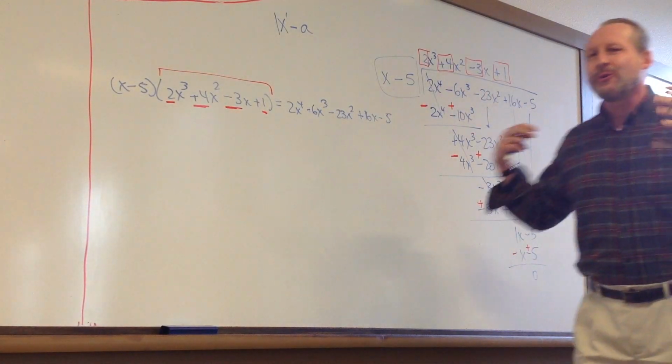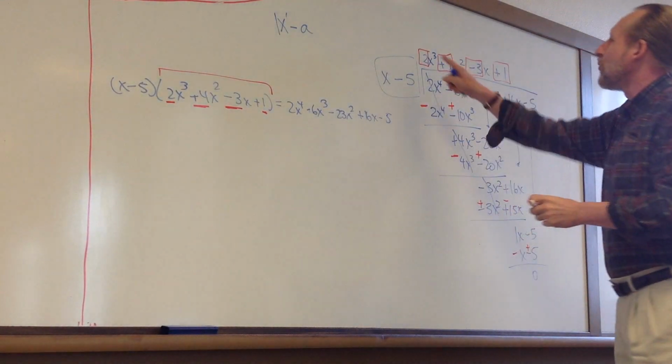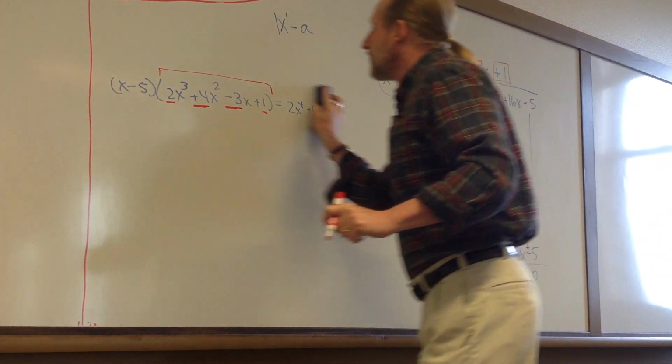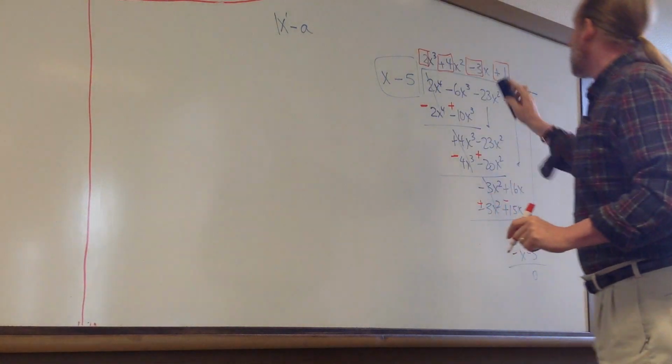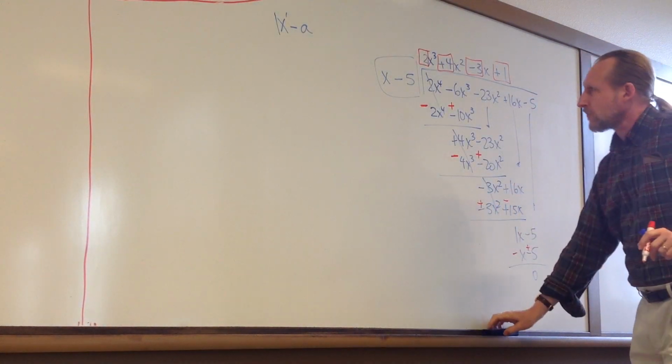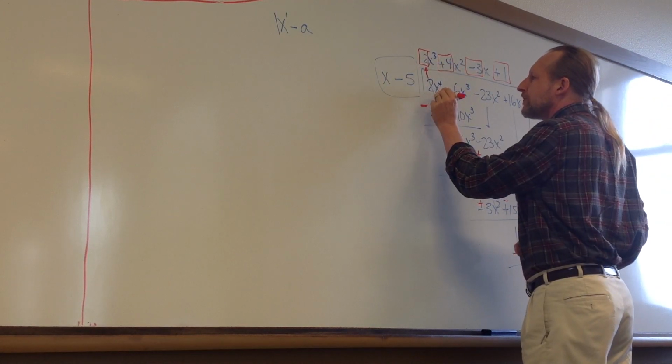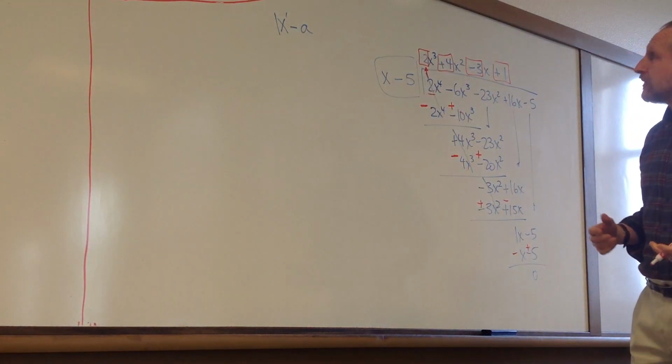Okay, so the question for synthetic division is, where do these numbers come from? All right, so let's go through here and look at where these numbers are coming from. The 2 comes right from the first coefficient in what we were dividing into.